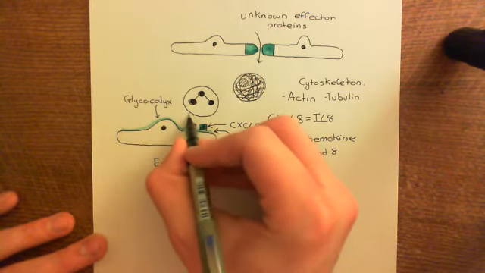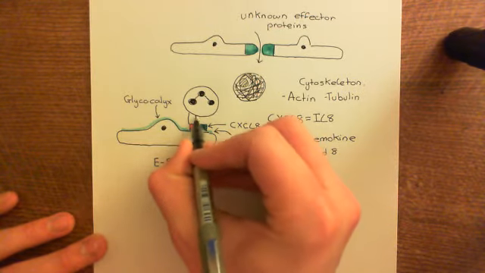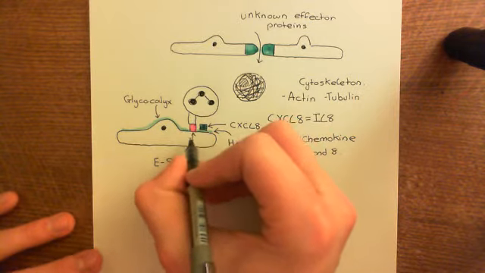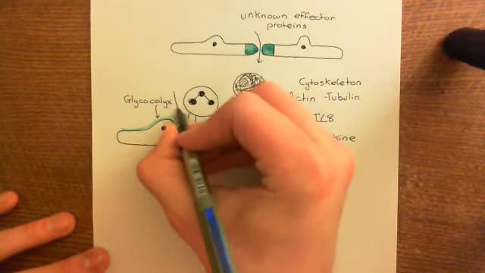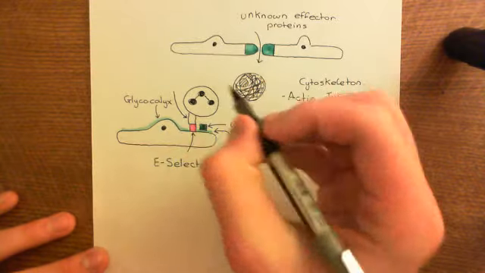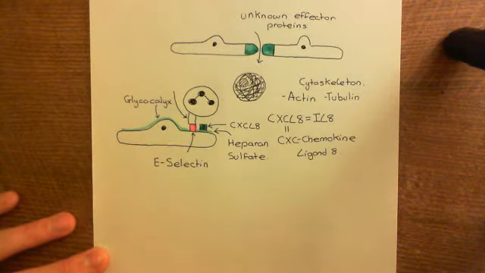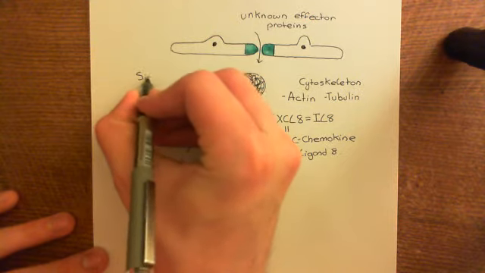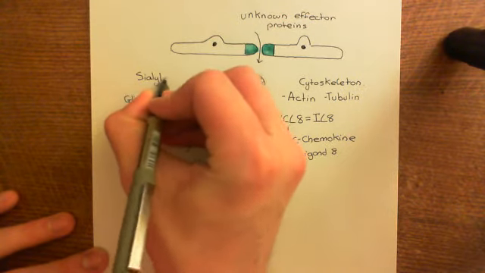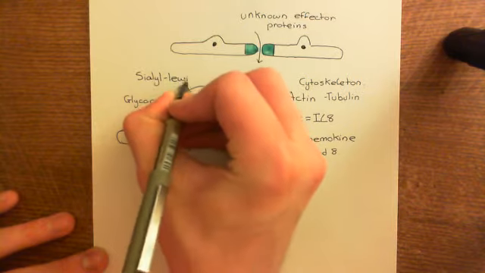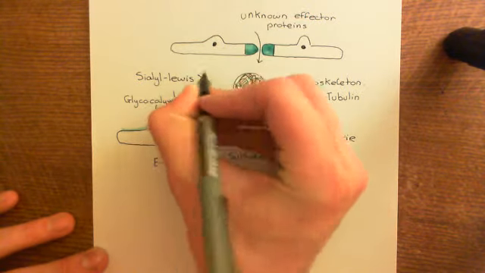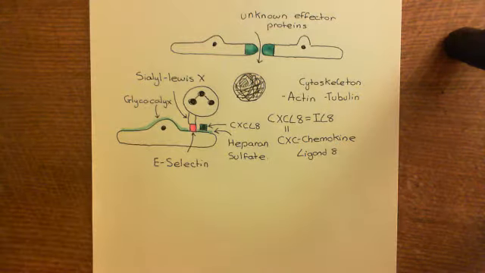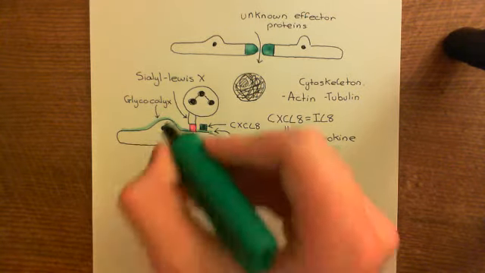So it has a receptor for, well, it doesn't have a receptor, it has a molecule, a ligand for E-selectin, okay, and this is sialyl Lewis X. So this isn't a protein, it's a little carbohydrate, sugar molecule, okay, so this is sialyl Lewis X, which is on the surface of the neutrophil, and will bind to the E-selectin on the surface of the endothelial cell.